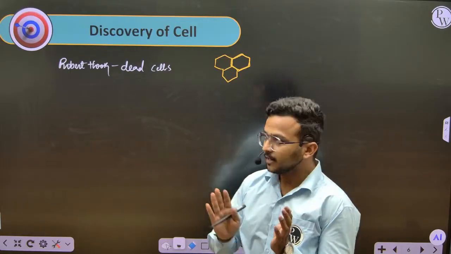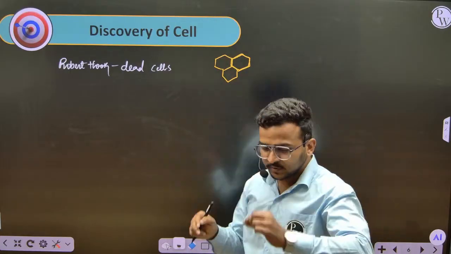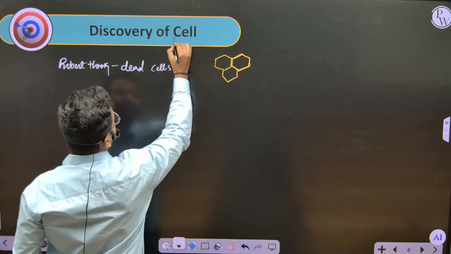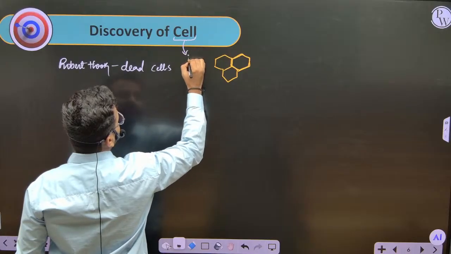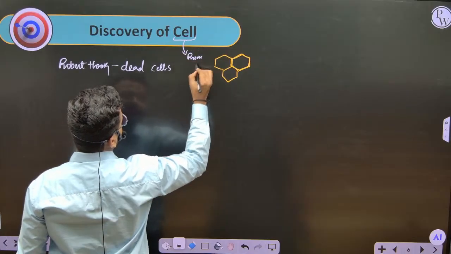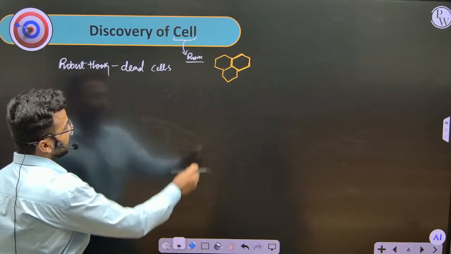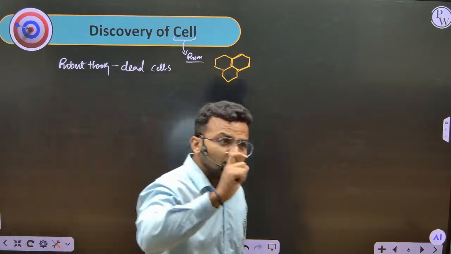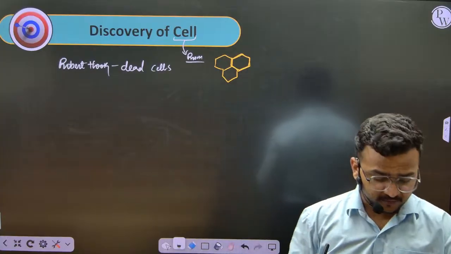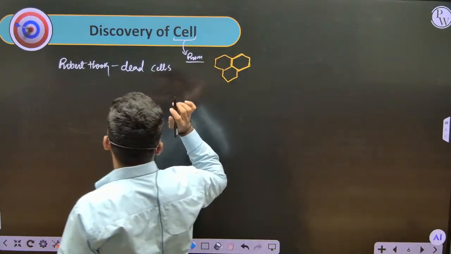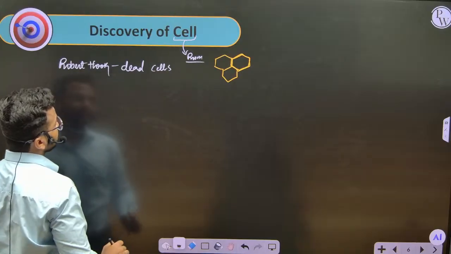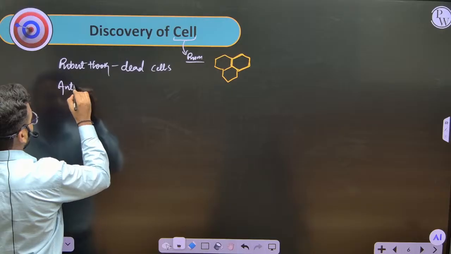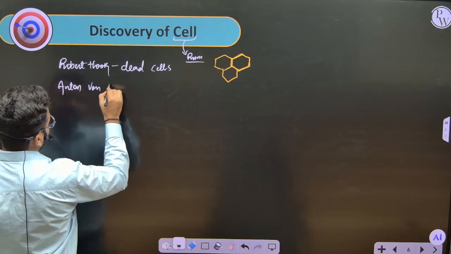In fact the name cell itself is nothing but a small room. He named it a cell because it appears like small rooms in a microscope. So he observed dead cells. There comes another scientist, Anton von Leeuwenhoek.